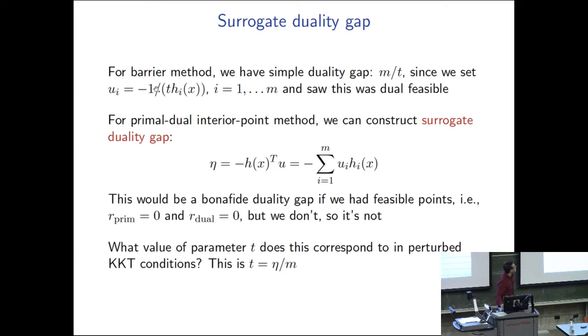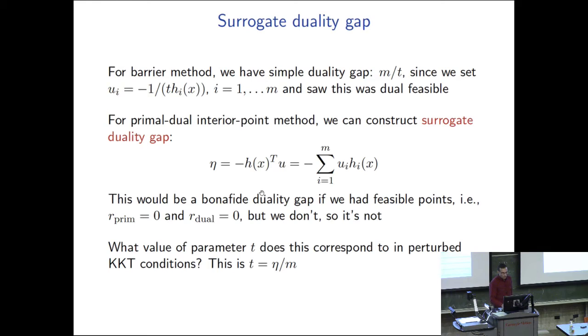And that was valid because this u and the v that was defined in terms of w were dual feasible. For the primal-dual interior point method, we don't have dual feasible iterates necessarily. So we don't have a nice duality gap, but we can construct a surrogate duality gap, an approximate duality gap.